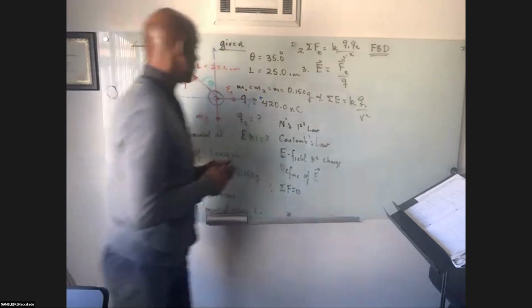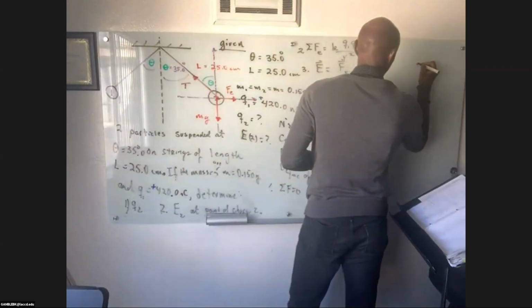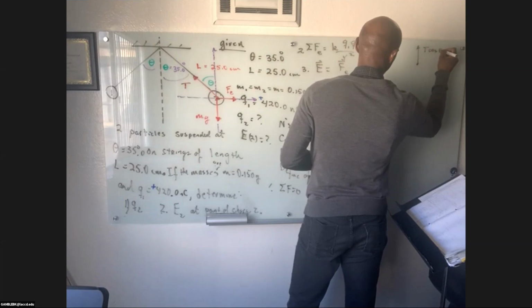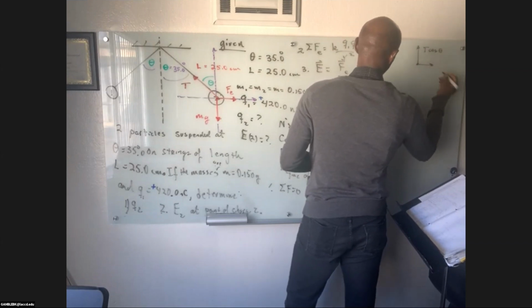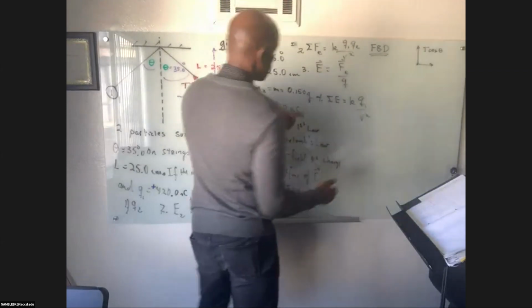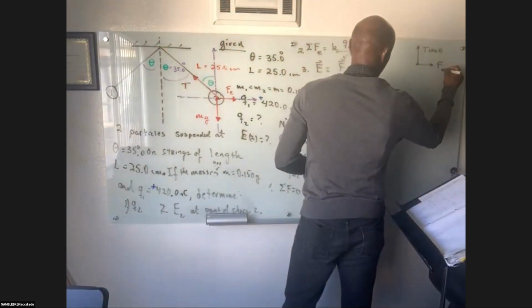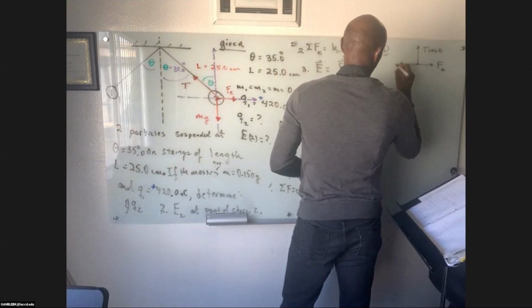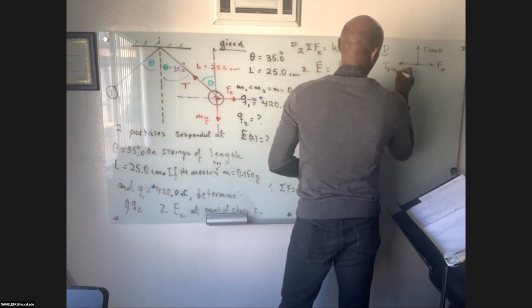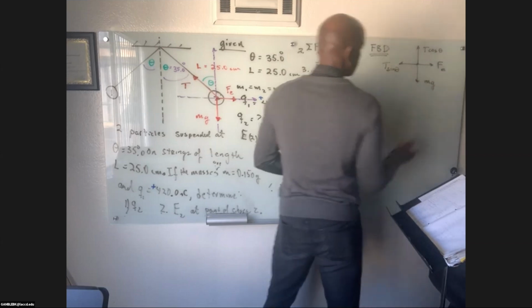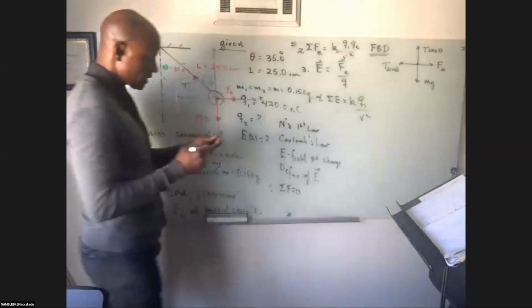So up, you're going to have T cosine of theta. In this direction, you're going to have Fe, the Coulomb version of it. Over here, you're going to have T sine of theta, and straight down, you're going to have mg. So that's what your free body diagram is going to look like.